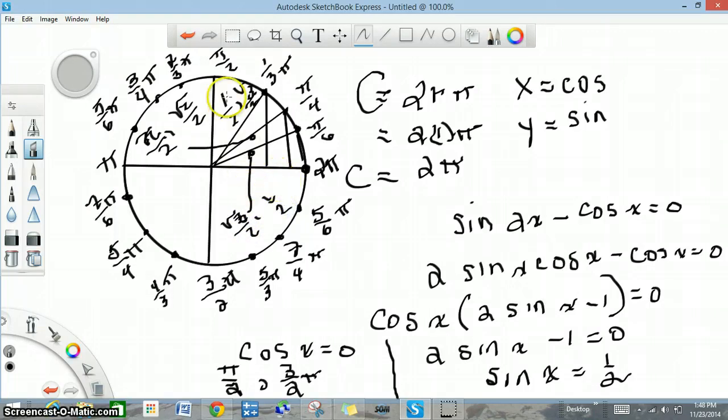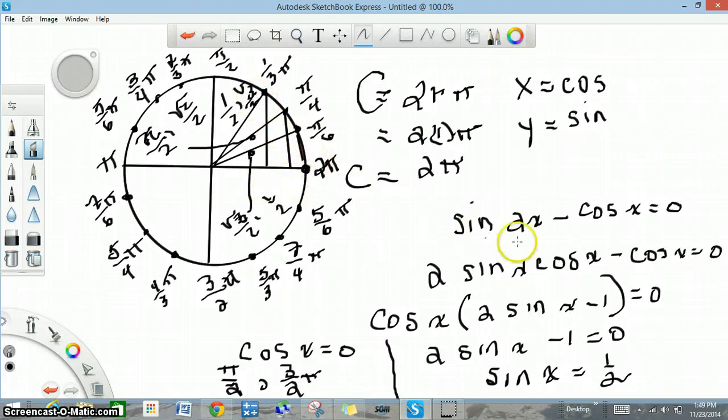Now, if you pay attention to these numbers, they're going to go in order. So we have the smallest number right here, which is 1/2, then the second smallest number, which is radical 2 over 2, and then the largest number, radical 3 over 2. And the cosine, the sine is going to go just the opposite. So from 1/2 to radical 2 over 2 to radical 3 over 2 here.